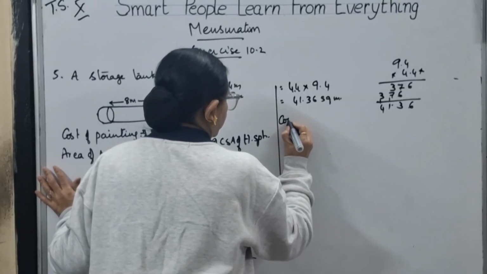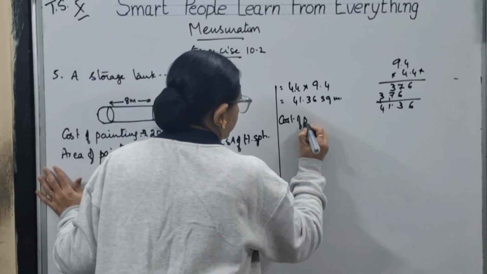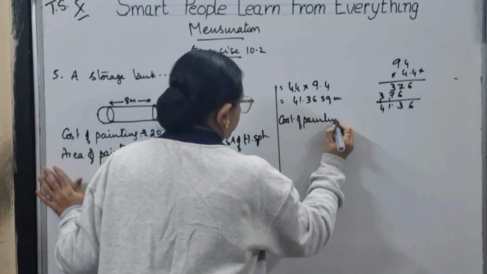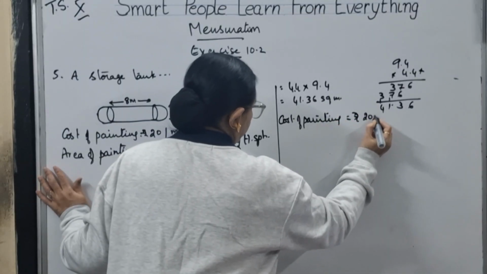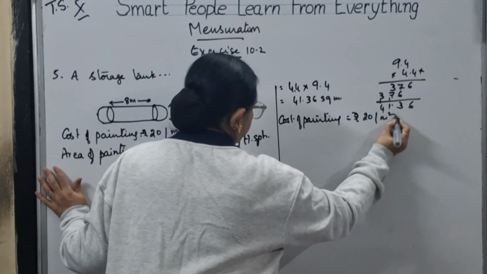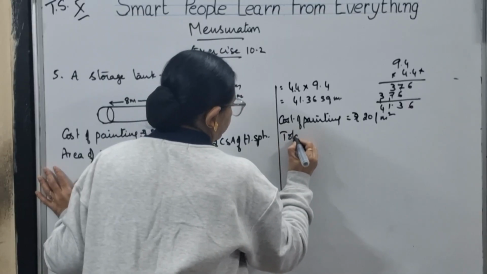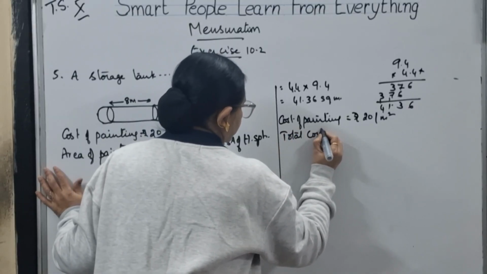So cost of painting is rupees 20 per square meter. What is the total cost?